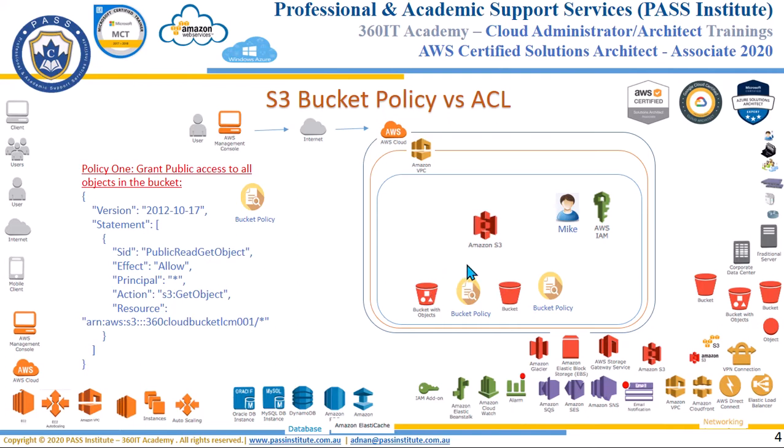So two types of access you need to set, and then you will be able to see that object over the internet. What this policy does is allow public access to all the objects with one policy, so you don't have to go object by object. This is the policy that we are going to apply to the bucket.